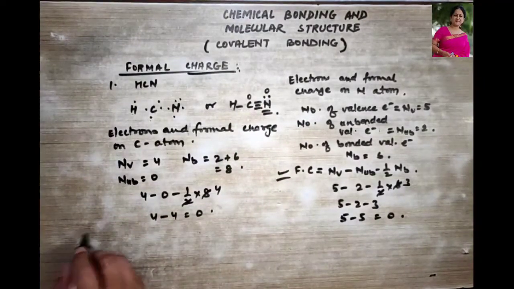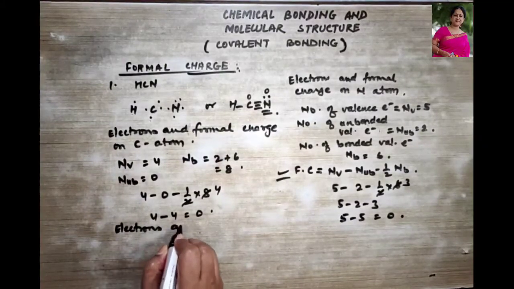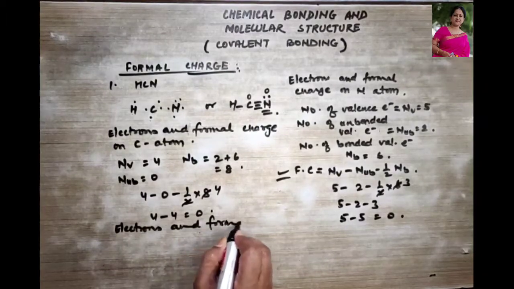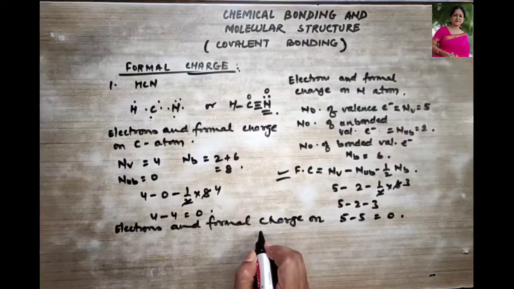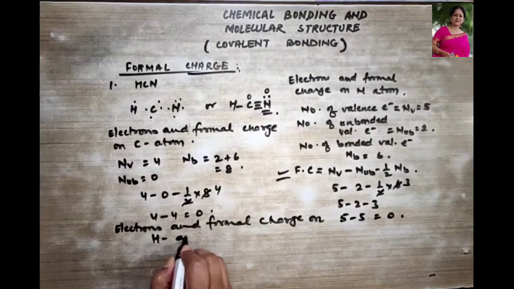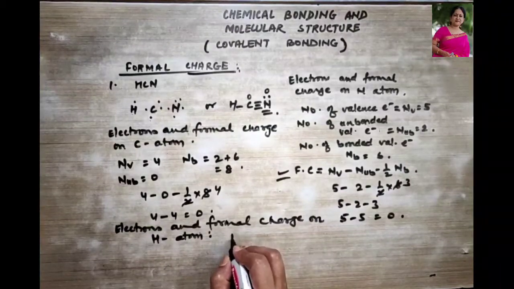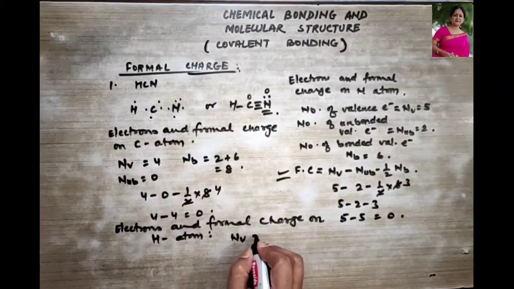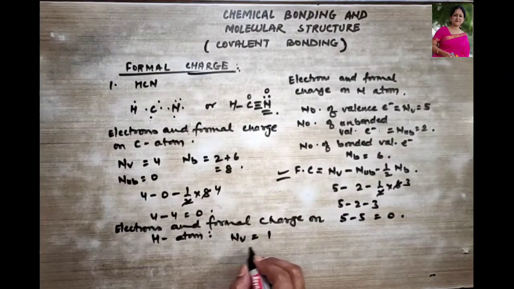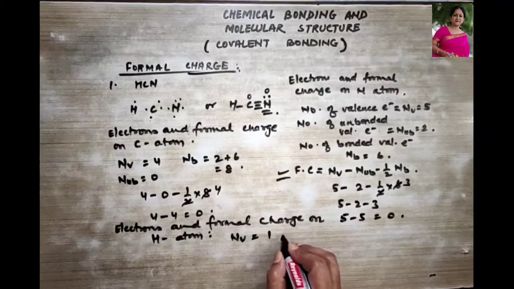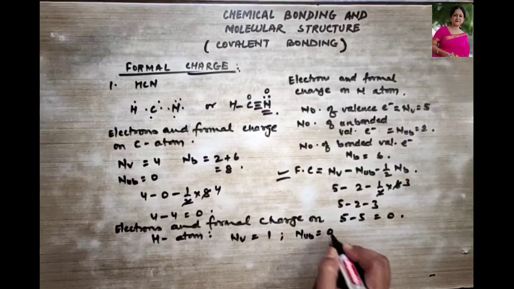Now let us find out the electrons and formal charge on the hydrogen atom. The number of valence electrons is equal to 1, right? The number of unbonded valence electrons, NUB, is 0.